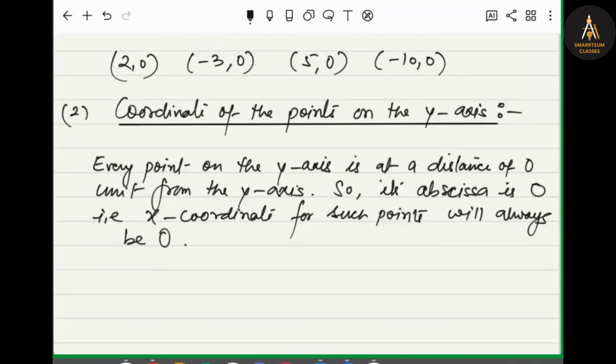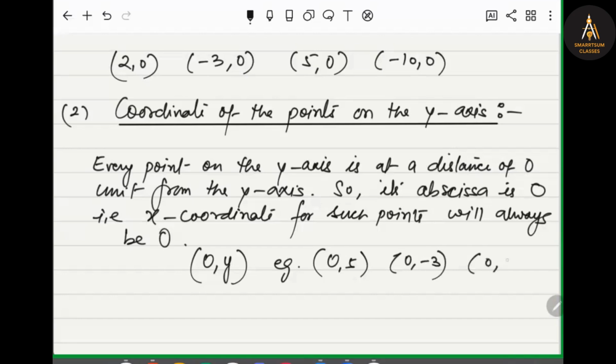So if there is a point which is lying on the y-axis, its x coordinate will always be 0. Right? So it is of the form 0, y. The x coordinate will always be 0. Y can be different. Okay? So for example 0, 5, 0, minus 3, 0, 6.